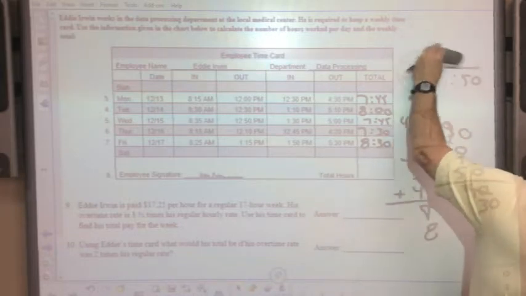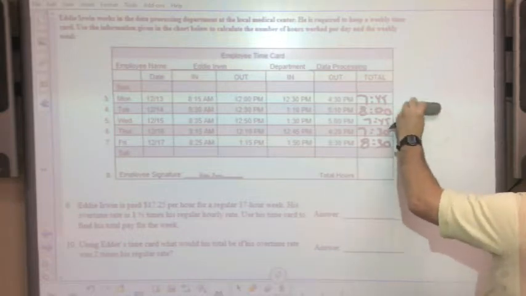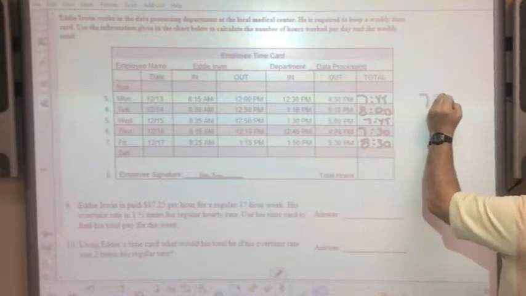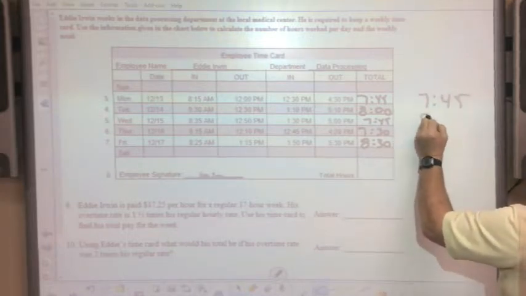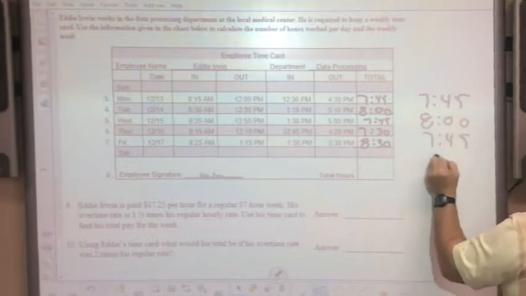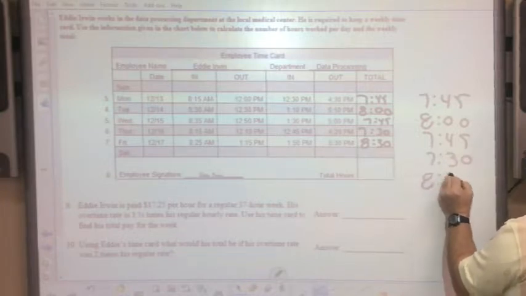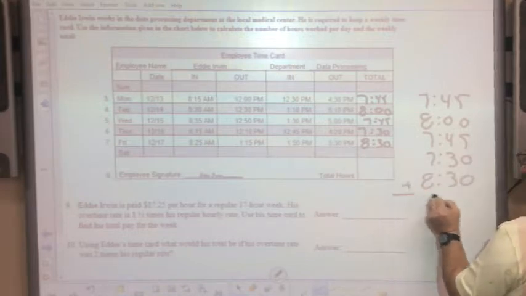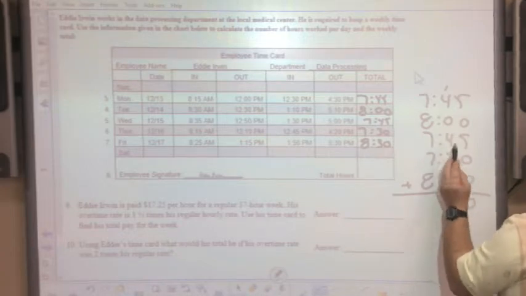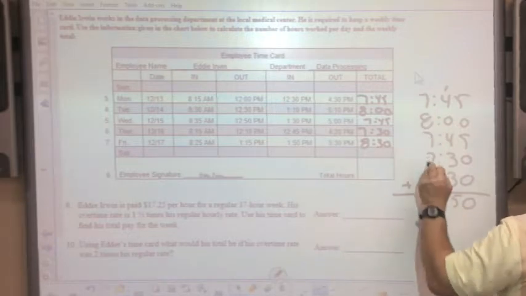Next step is you're going to have to get the weekly total. Okay, let's clean it up a little bit. And now you're going to get the total for the week. You add up all the dailies. So I add up all the minutes.